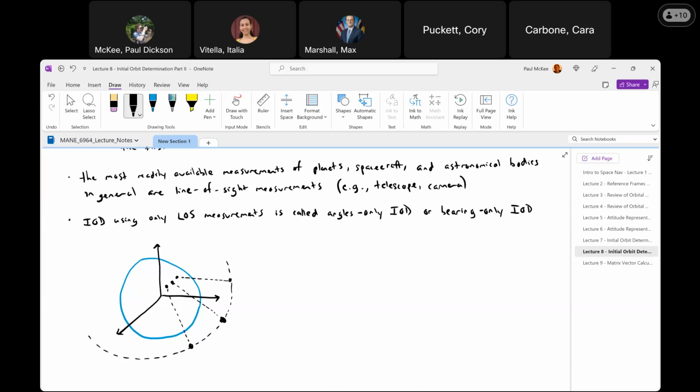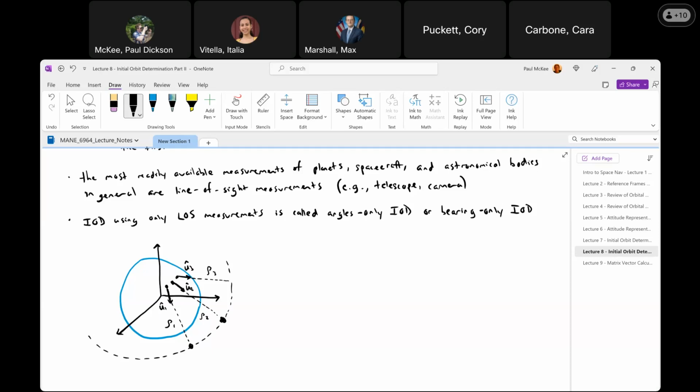So it's a complicated math problem. We're going to call this direction U1, this direction U2, and this direction U3 with a little hat on it. There's also some unknown range, rho 1, rho 2, and rho 3.